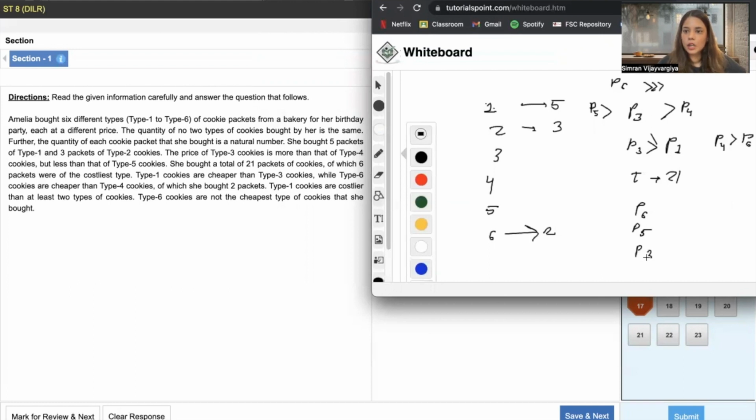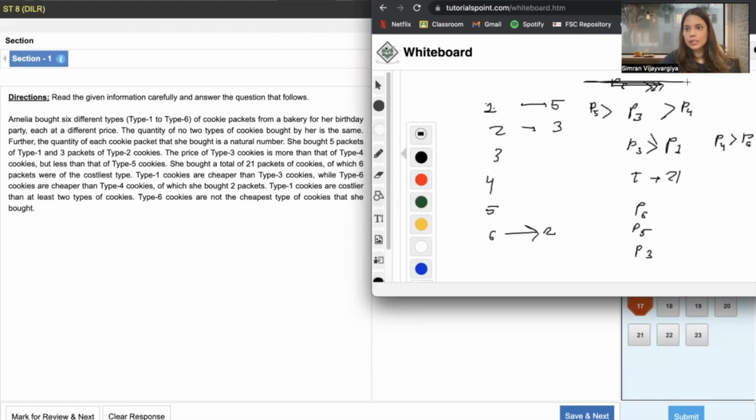P3. Type 1 cookies are costlier than at least 2 types of cookies. Type 6, another cheapest type of cookie that she bought. Wait. I think we messed up somewhere. Okay, 6 packets were the costliest type instead of the price.